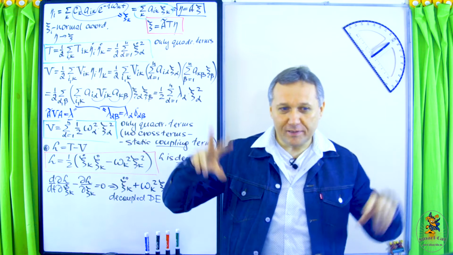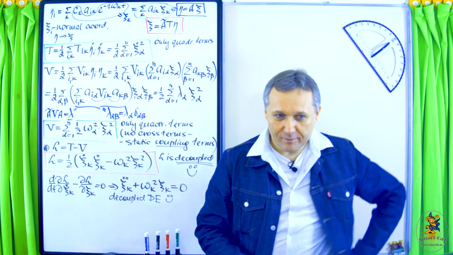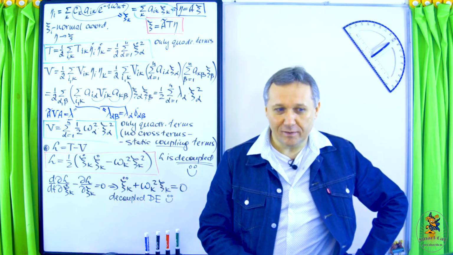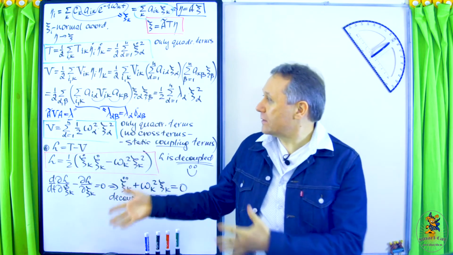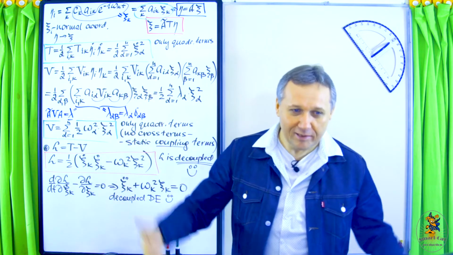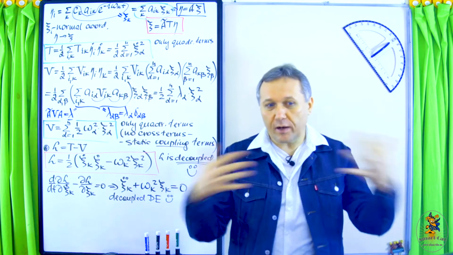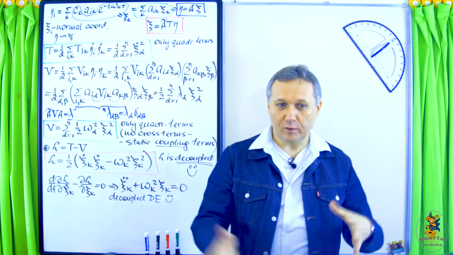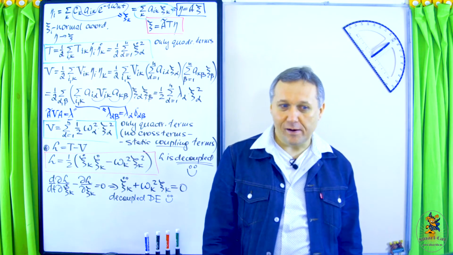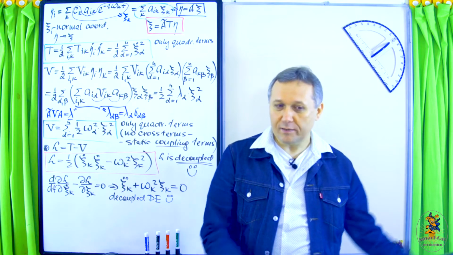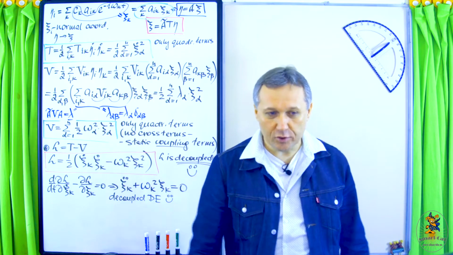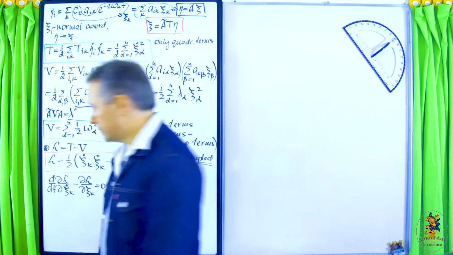Without interacting with each other, completely independent. So these coordinates xi declare their independence. And it means that they don't share energy. If some amount of energy stays in this coordinate, it stays there. No energy transferring, and so on.